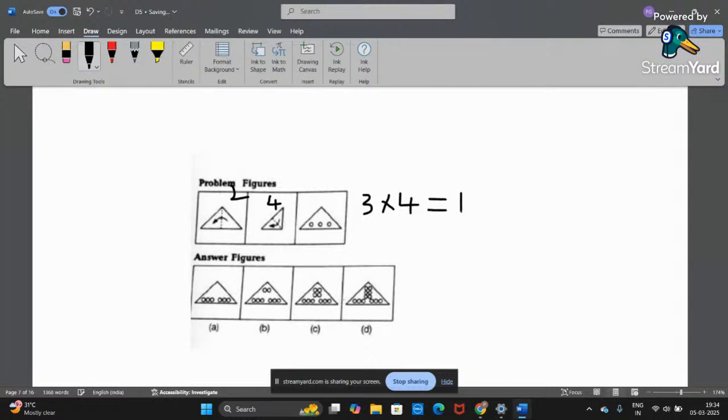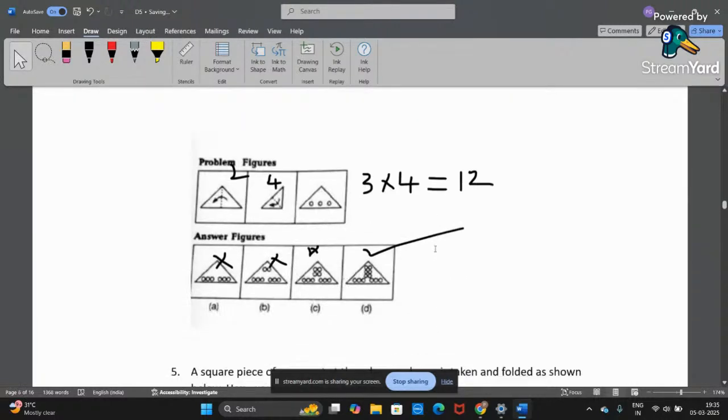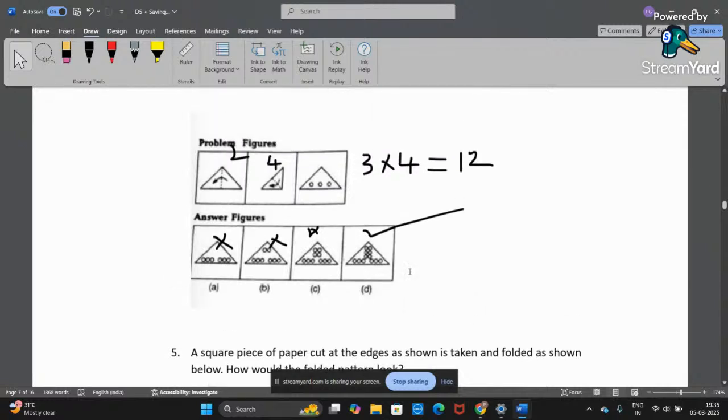So totally it should be 12 holes. Here it is 6, this is not the answer. Here it is 8, this is not the answer. Here it is 10, this is not the answer. Here it is 12, so this is the answer. To find it out, we have to multiply the number of holes by the number of folds, so that we'll get the answer.